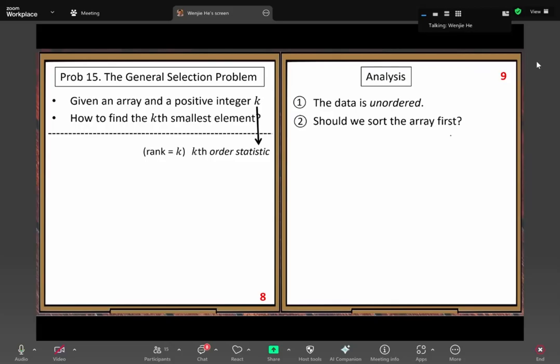But here there is a problem. When you sort the array, how much work do you need to do? Think about that. Too much work. If I use the asymptotic notation, generally when you do sorting, you need n log n.